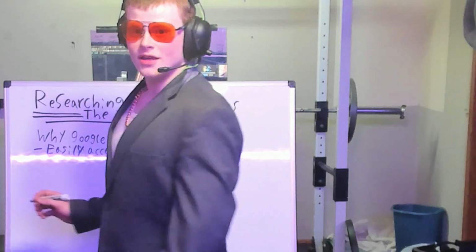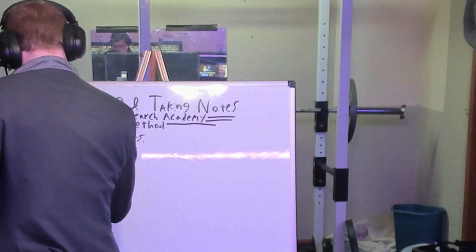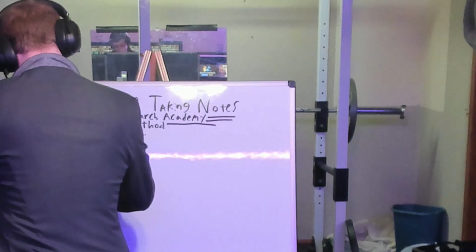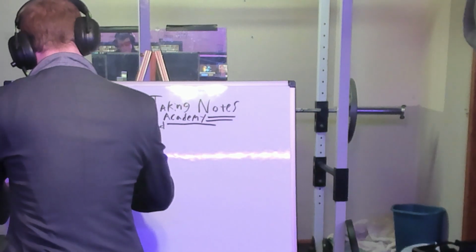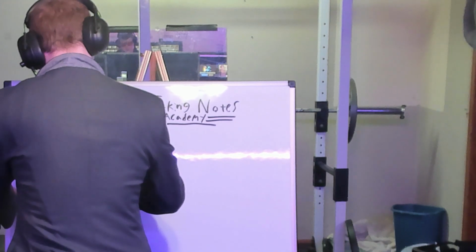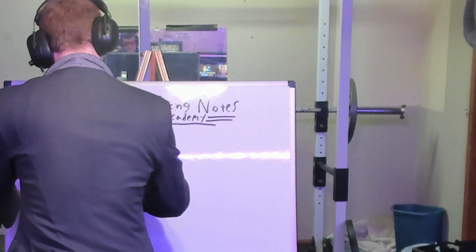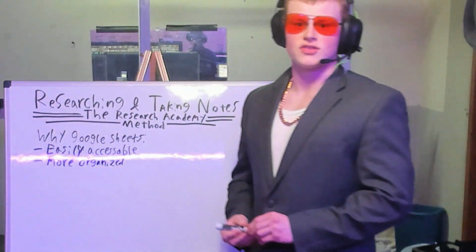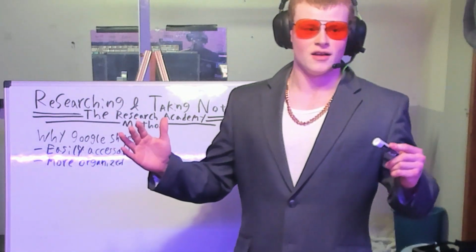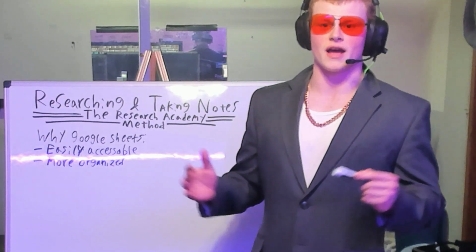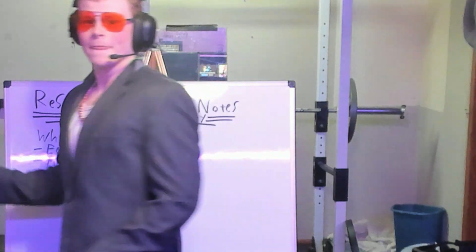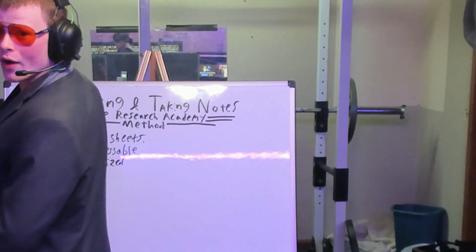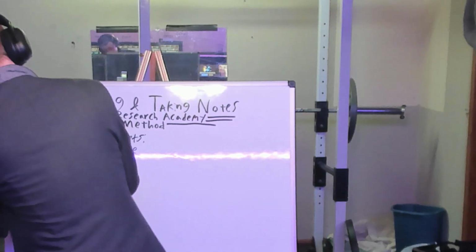The next one is more organized note taking. It's a more organized format. There's boxes and sections. It just makes everything more compact, everything more organized, everything just fits well together. And it's also way easier to move the notes around.